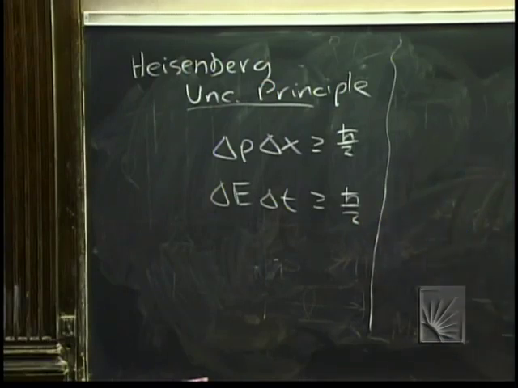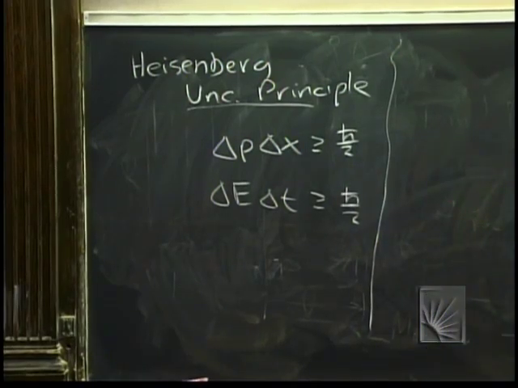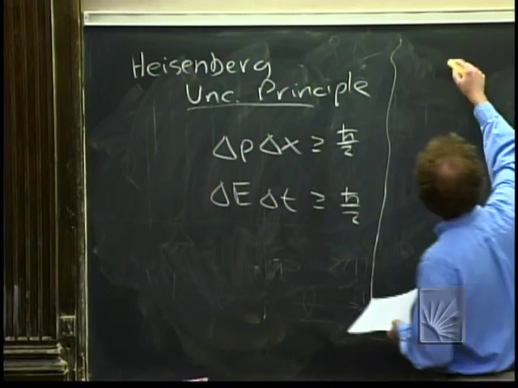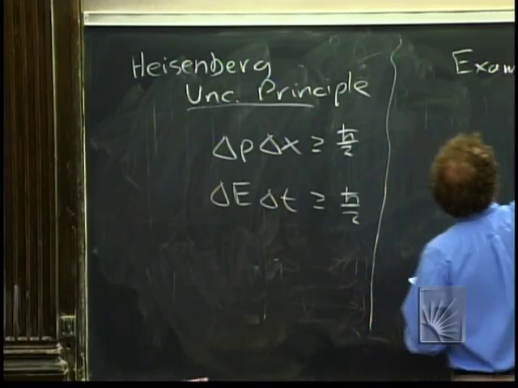Now let me say something about what I mean by delta P and delta X. And actually the little bit I did to introduce the Einstein summation, the repeated index summation convention, sort of applies. Let's think about an example of scores.